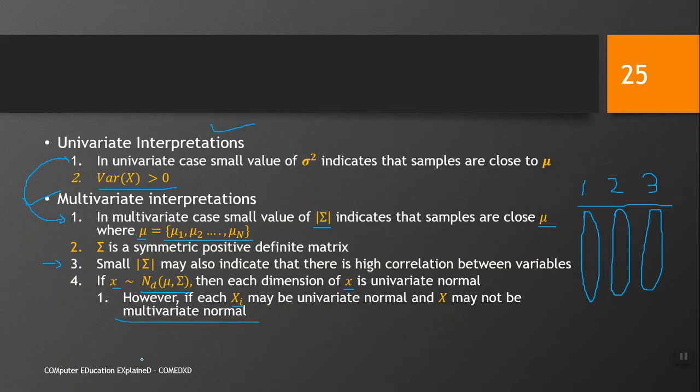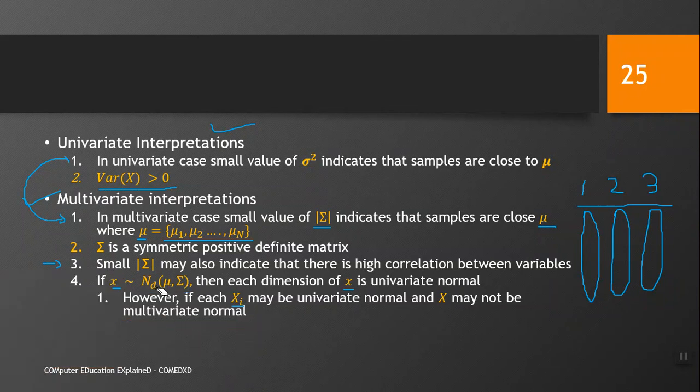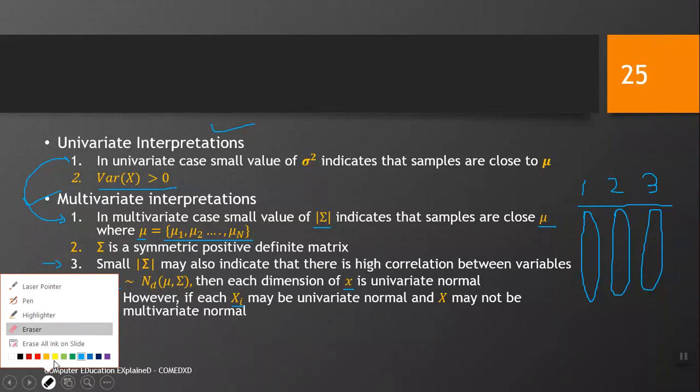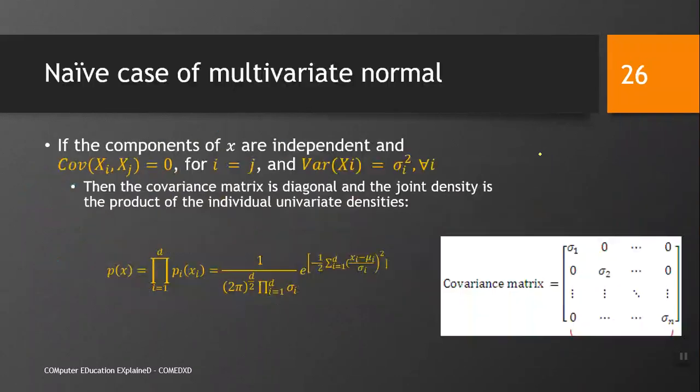That's interesting. It says that this feature is univariate normal itself; however, as a combined set, it may not be multivariate normal. So try to understand these facts about the univariate and the multivariate interpretations. Naive case of multivariate normal.